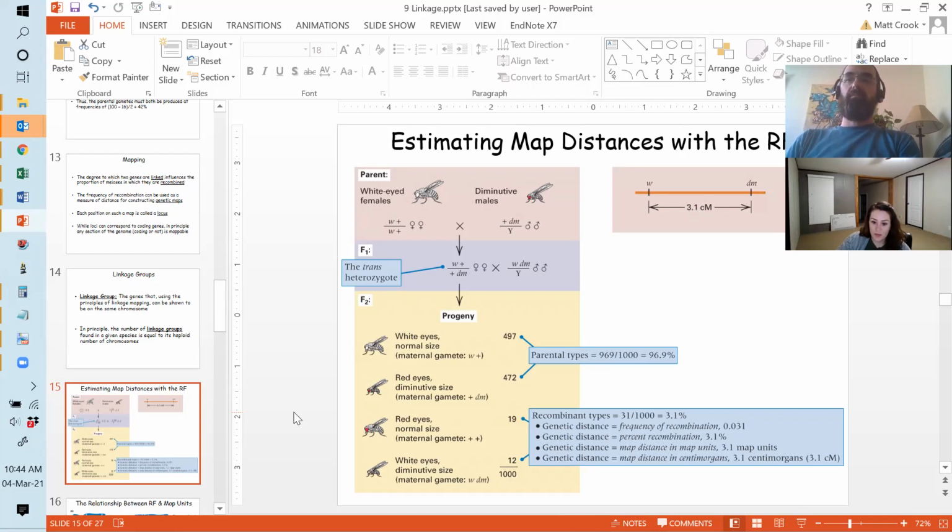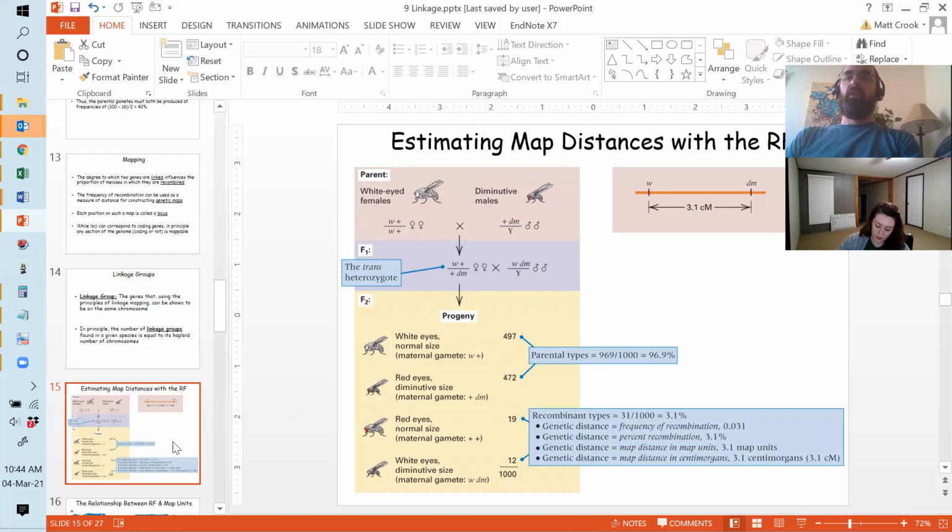So if the probability of recombination decreases the closer together, what would you expect to see in terms of recombinants? Would you expect to see fewer of them as they get closer together or more of them? Fewer, right? Much fewer, right?